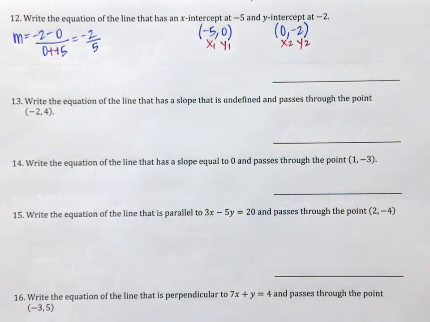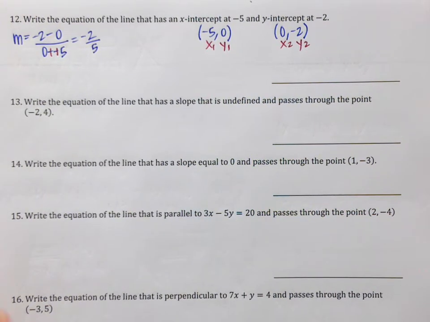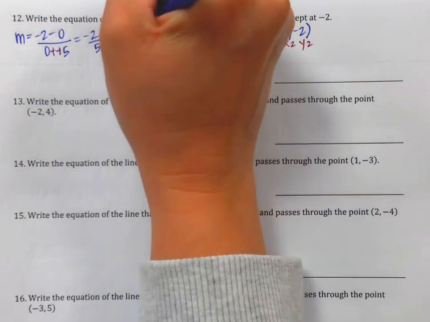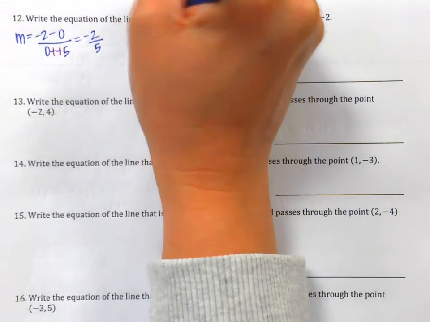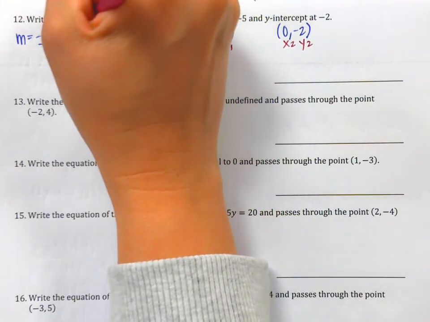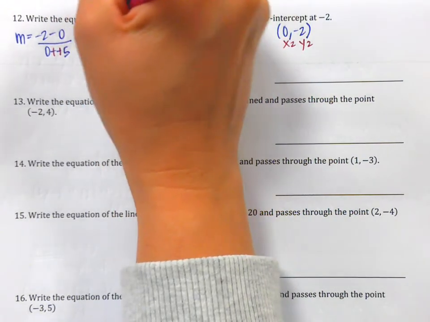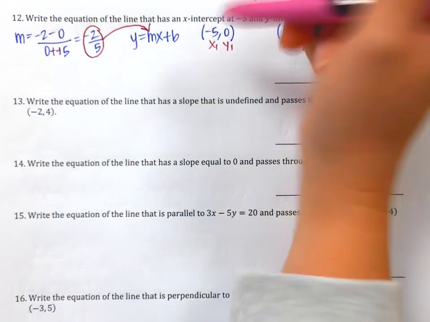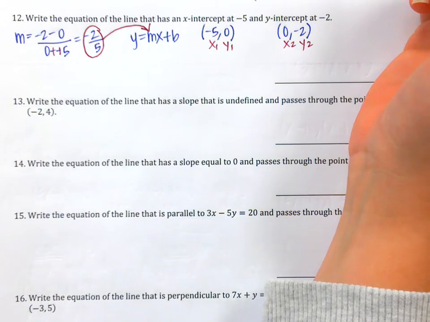Now, you have two ways of how you can move forward with this. You can either plug it into y minus y1 equals m times x minus x1, just like we did on number 11. Use either point. Or we know that my goal is to get it in y equals mx plus b form. Well, I have my slope. My slope is -2/5. I already found that out. And my b, remember my b is my y-intercept.